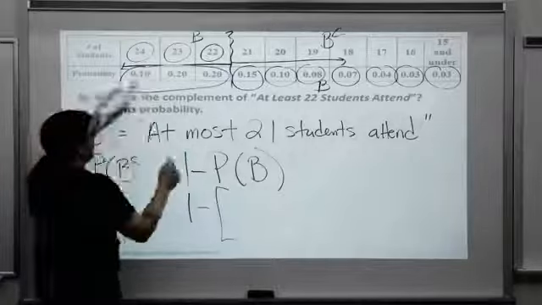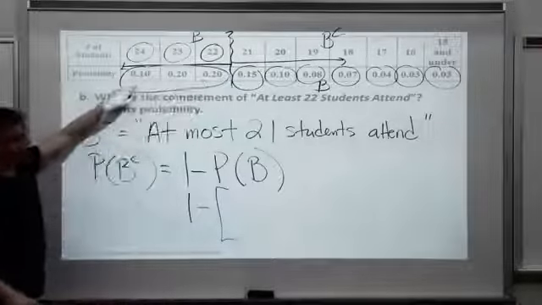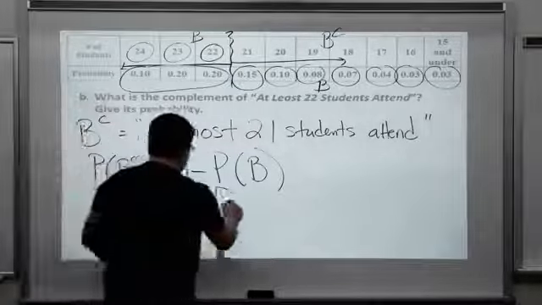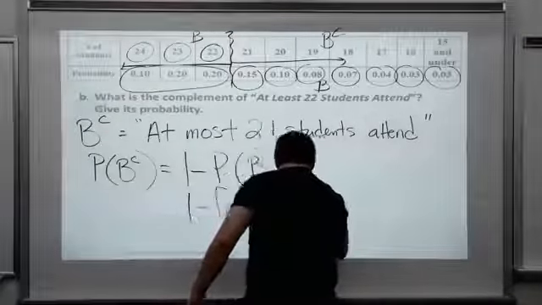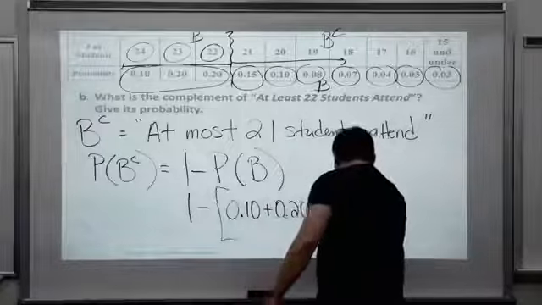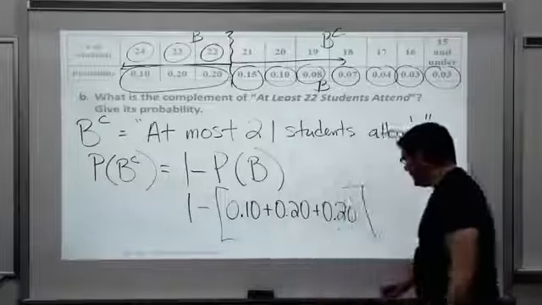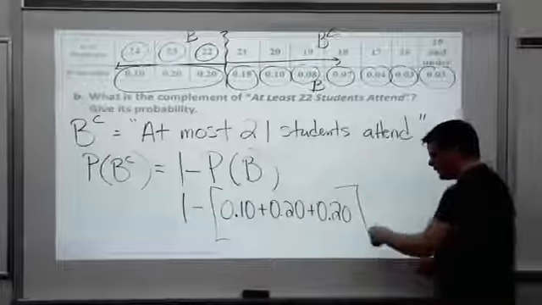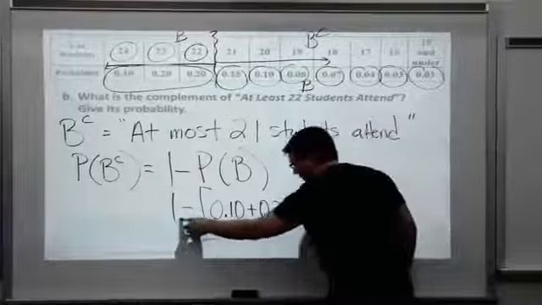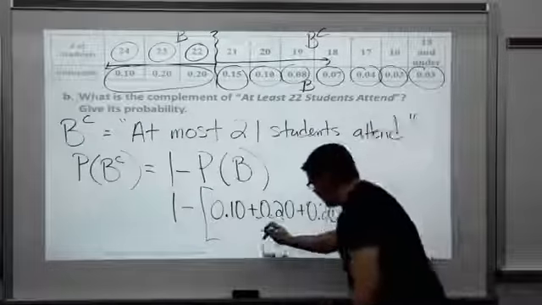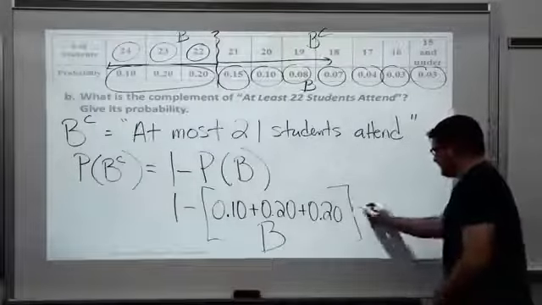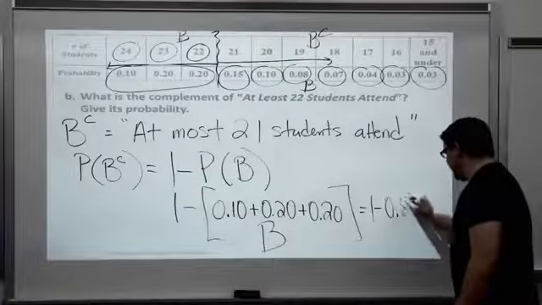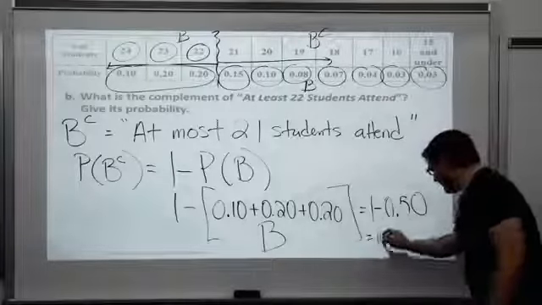These three added up: 0.10 plus 0.20 plus 0.20. Do this first, right? It's 1 minus, this whole thing is B. This is 1 minus 0.5, 0.50, and the answer is 0.50.